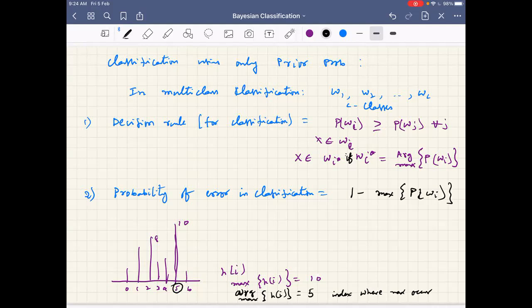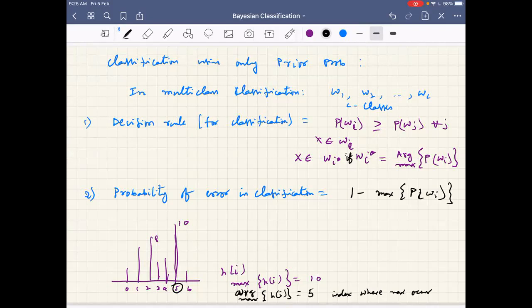So 1 minus that gives the error directly. Any sample from another category, if it occurs in the training samples or the data, will be misclassified by our rule.